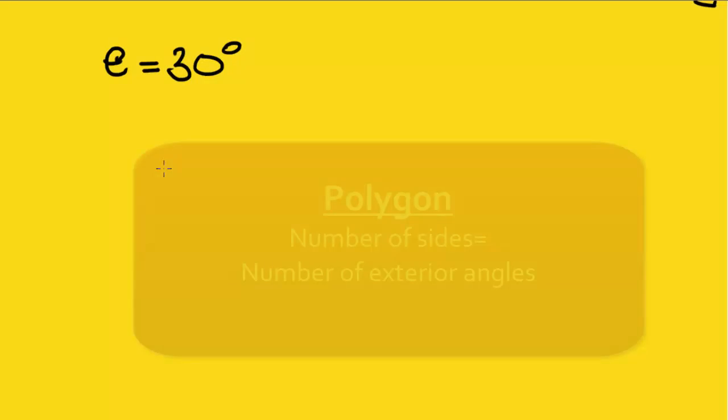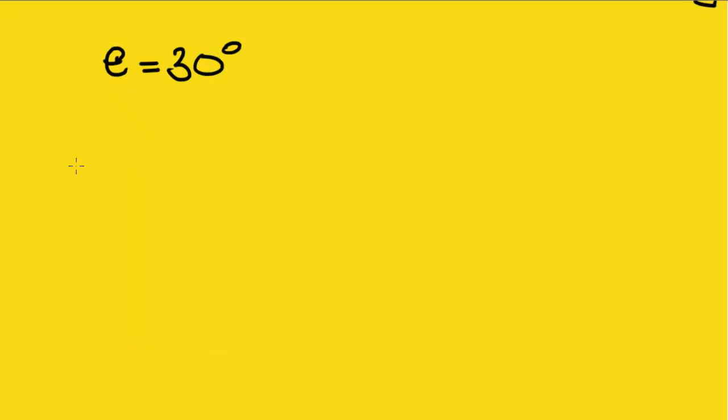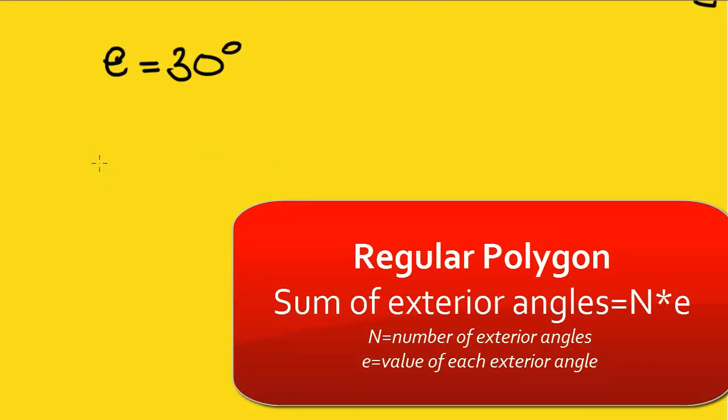So if you have five exterior angles, the sum of exterior angles is 5 times e. If you have 4 exterior angles, the sum of exterior angles is e plus e plus e plus e, which is 4 times e. So for n exterior angles, you're going to have the sum of the angles being equal to n times e.